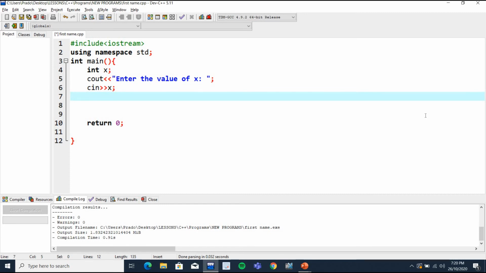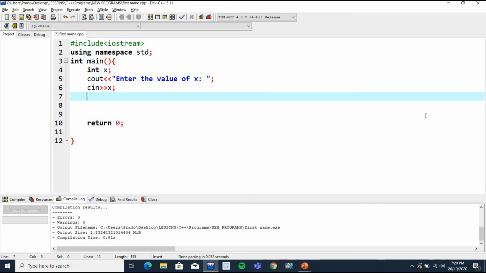So, tapos na po natin makuha yung mismong value ng x from the user. Ang sabi dito, ang condition is, kailangan natin malaman kung ang value ng x is positive. So, paano ba natin malalaman kung ang value ng x is positive? Siyempre, lahat ng mga 0 hanggang pataas po, yun po yung mga positive numbers.